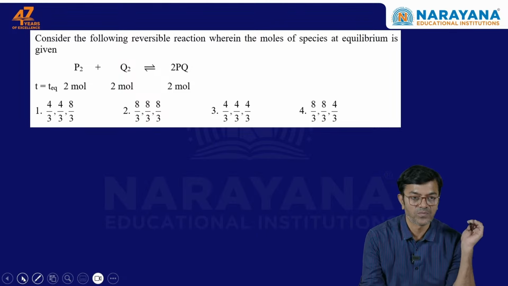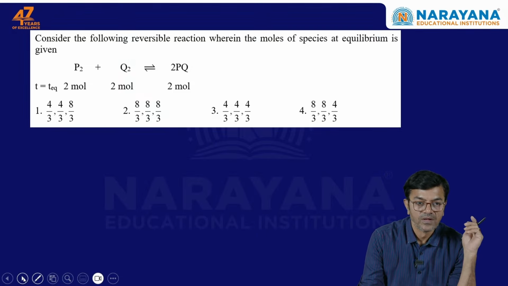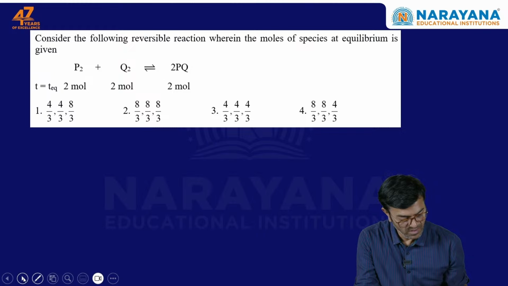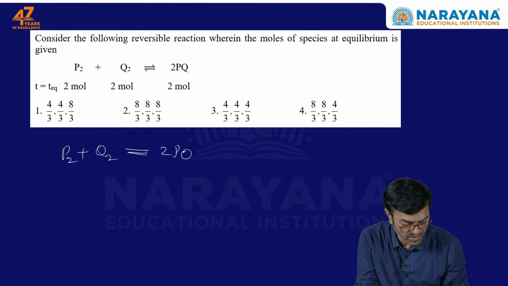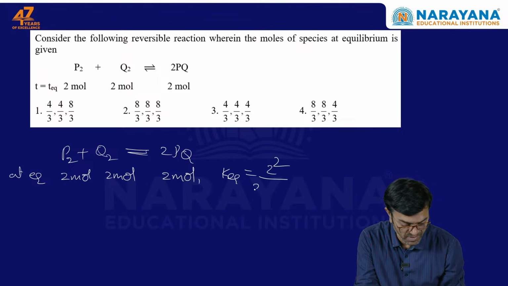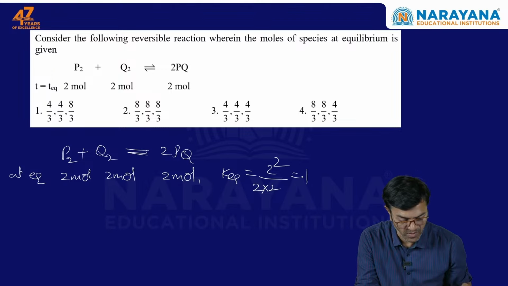Next, let us move on to an equilibrium question. P2 plus Q2 gives 2 PQ, and equilibrium moles are given. At equilibrium, 2 moles, 2 moles, and this also 2 moles. So directly we will be getting KEQ, that is 2 square by 2 into 2, which is equal to 1.